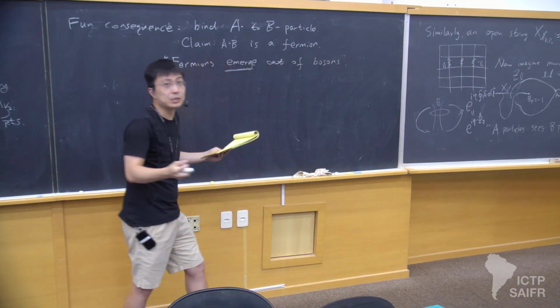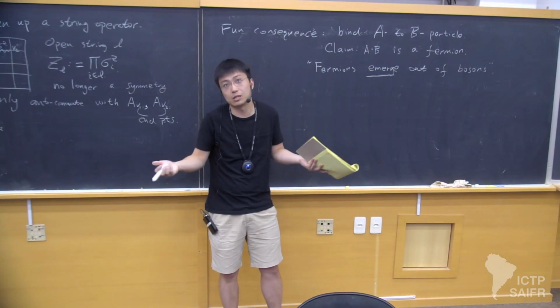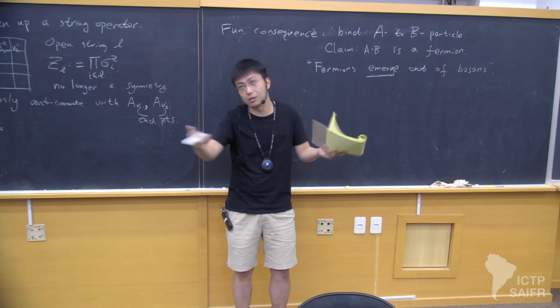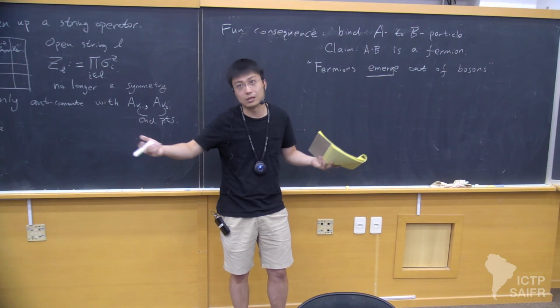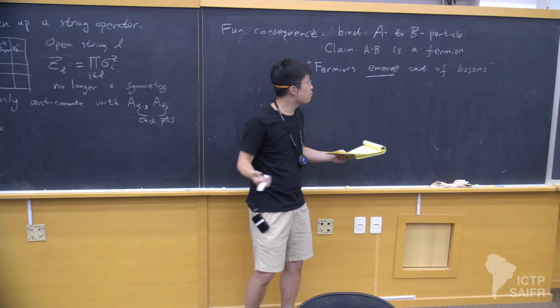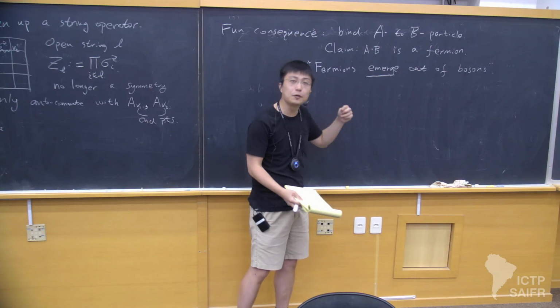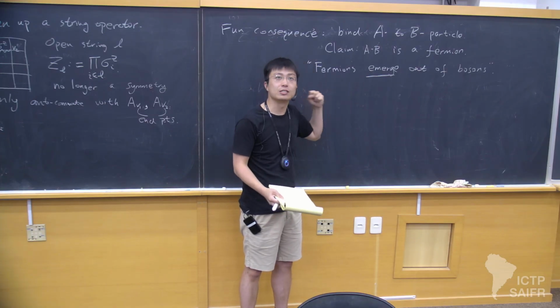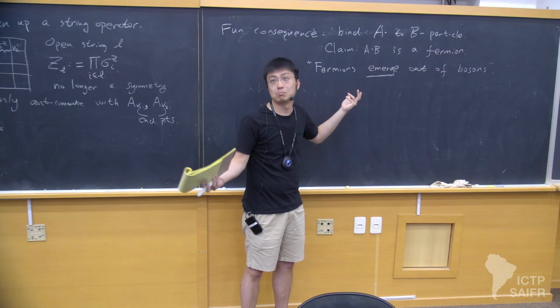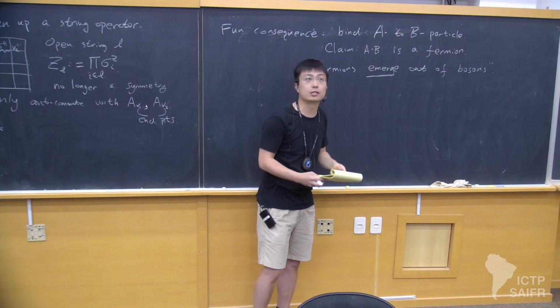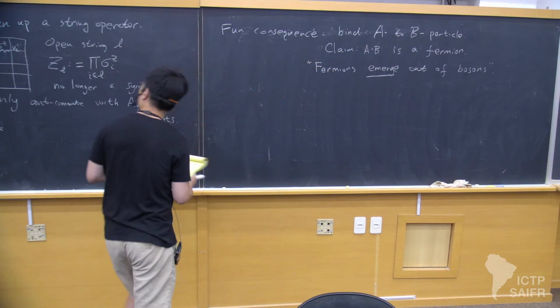Emerge means microscopically they're not there. You take a bunch of Pauli operators, for different spins they never anticommute. But when you go to low energy, these excitations behave as if they're basically particles with fermion statistics.